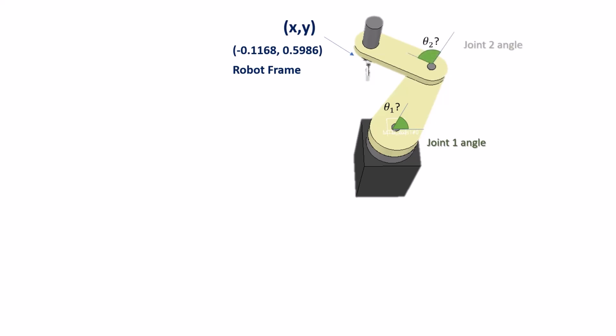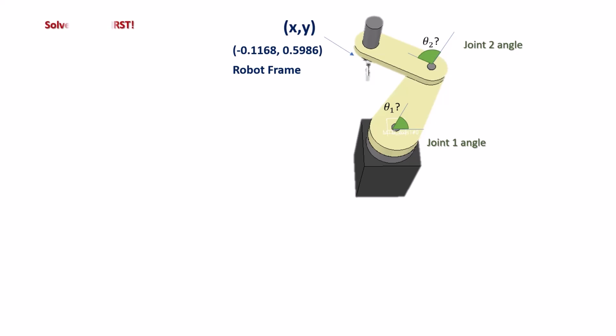Right, so we know xy or Cartesian coordinates of the end effector, which was previously given as negative 0.1168 and 0.5986, which are the gripper locations based on the robot frame. And we need to calculate joint 1 angle and also joint 2 angle from the xy coordinates.